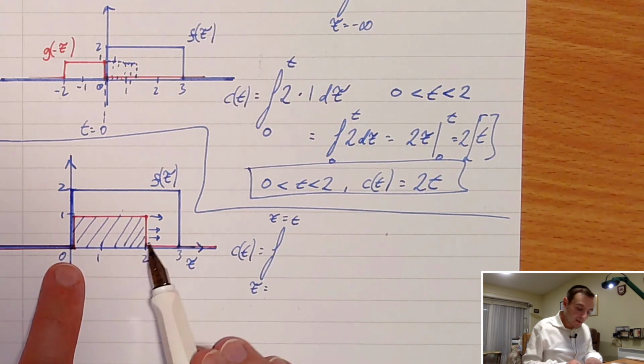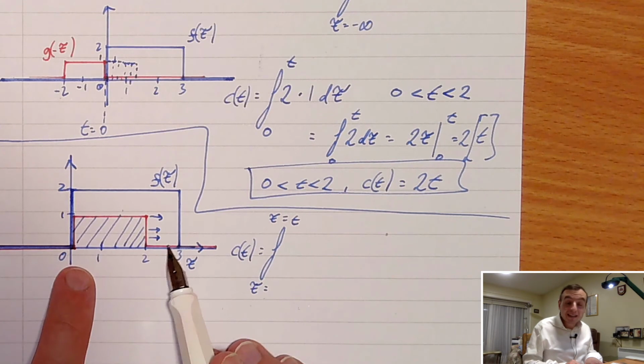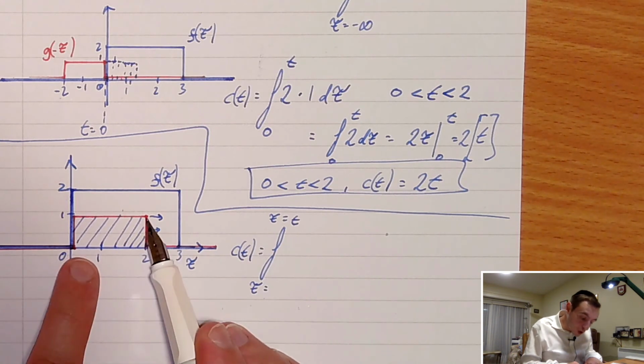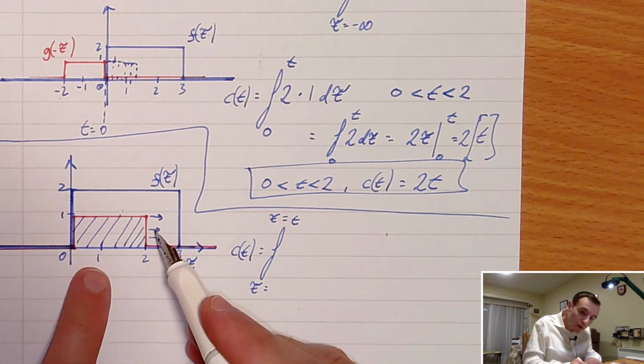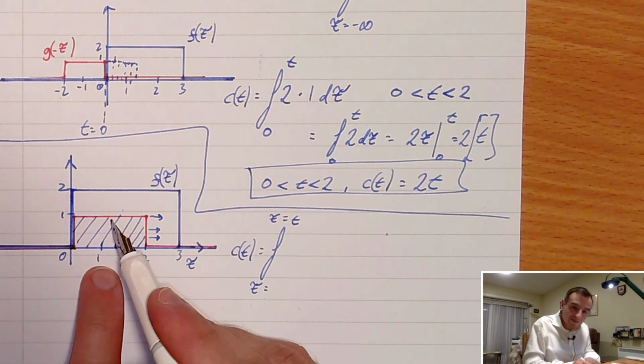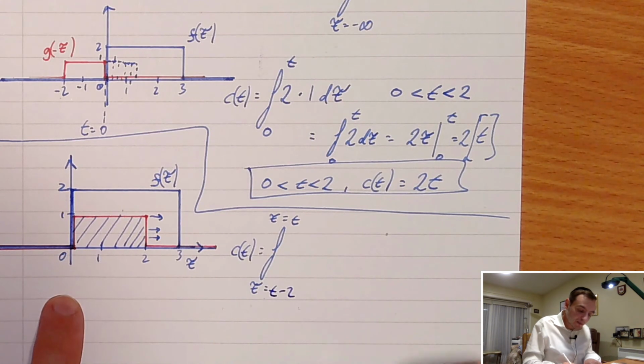So in the middle, because t is moving dynamically over here, we're trying to evaluate the magnitude of the area of overlap as t moves between here and here, and t minus 2 moves across as well. That's why it has to be between t and t minus 2.